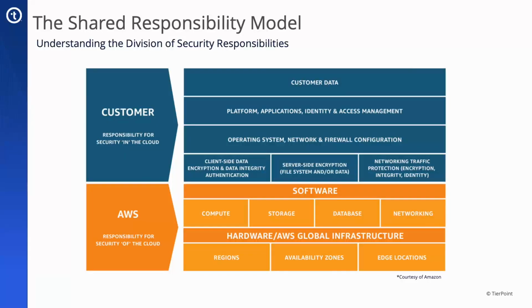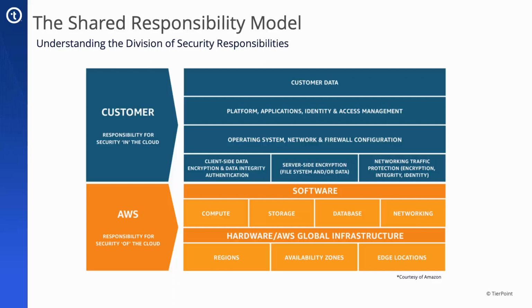The first topic I would like to discuss is the public cloud shared responsibility model. This model is a framework that outlines the security obligations of both the public cloud provider, in this case Amazon Web Services, and their customers. In this model, AWS is responsible for the security of the cloud, meaning they handle the infrastructure, hardware, software, and networking components.